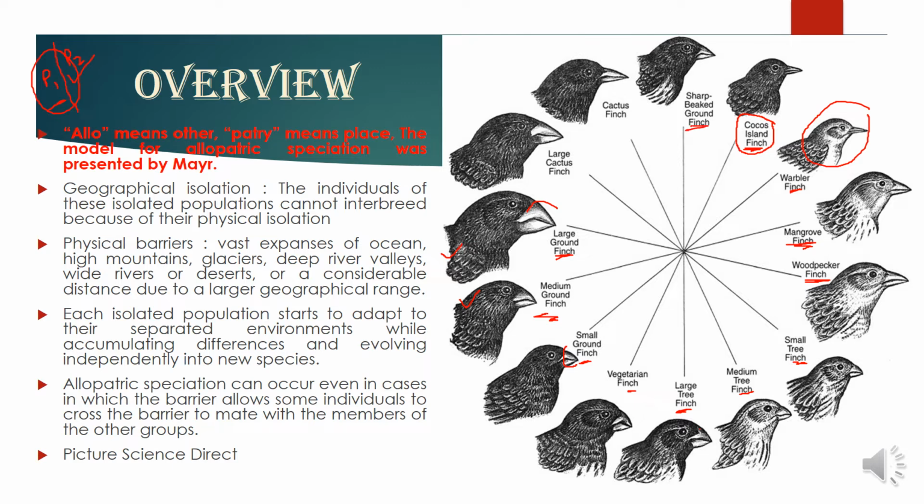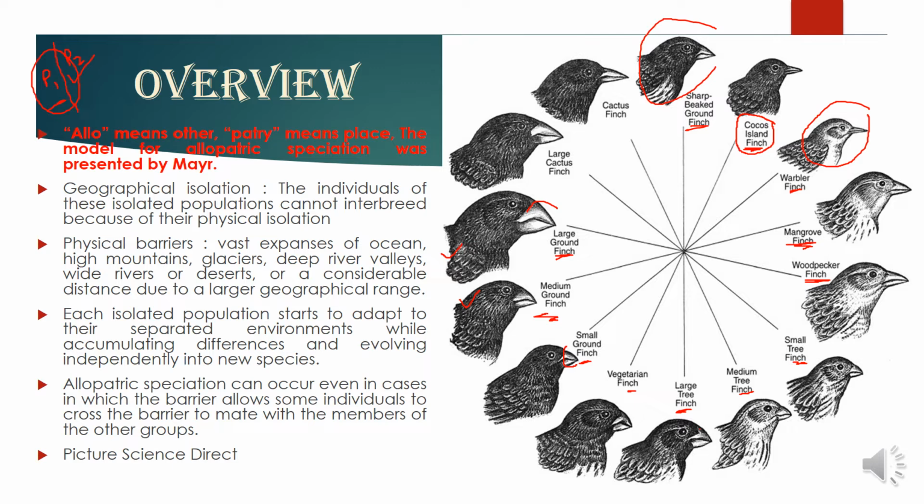Basically, then we have this sharp beaked ground finch. Now this sharp beaked ground finch is also called the vampire finch because of its very interesting feeding habit. They not only feed on various insects as well as other types of seeds and fruits, but also on the blood of other birds like the Nazca booby, the blue-footed as well as the red-footed booby.